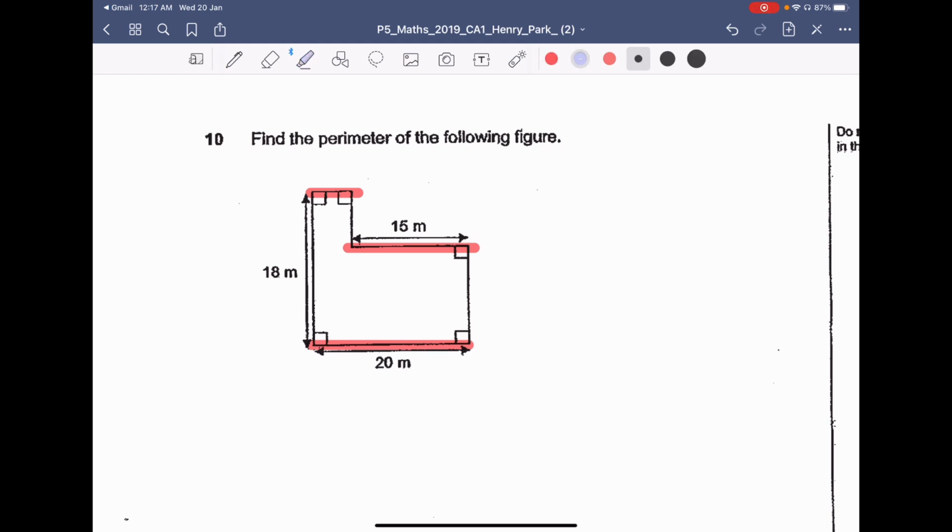As for the vertical axis, this is 18 meters, and this plus this is also 18 meters. So if you add everything up together, it's basically 18 times 2 plus 20 times 2, which is 76 meters. So that will give you the entire perimeter of the following figure.